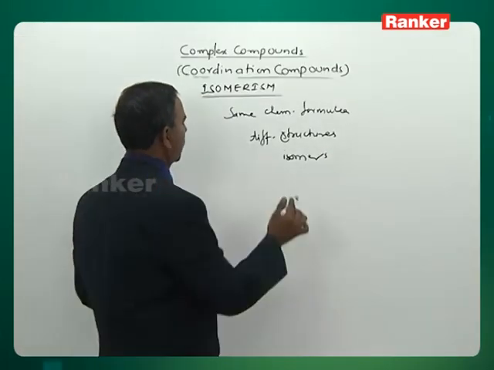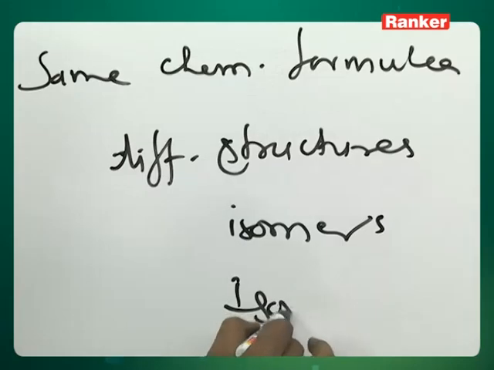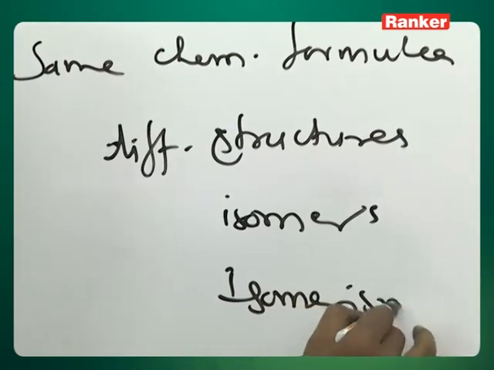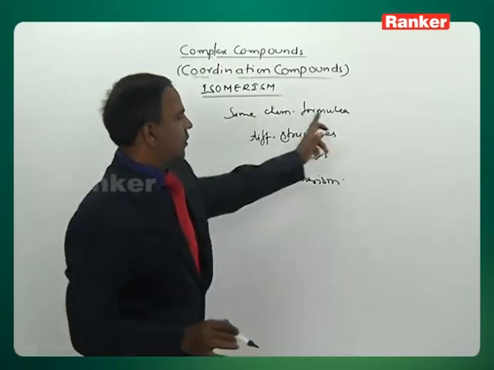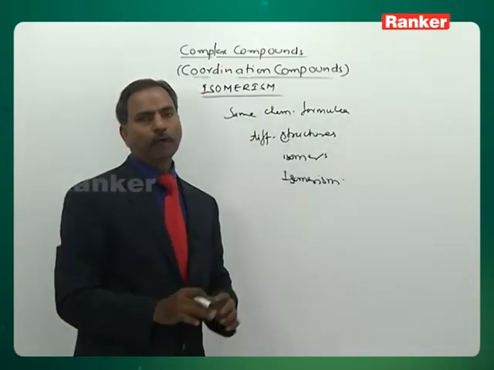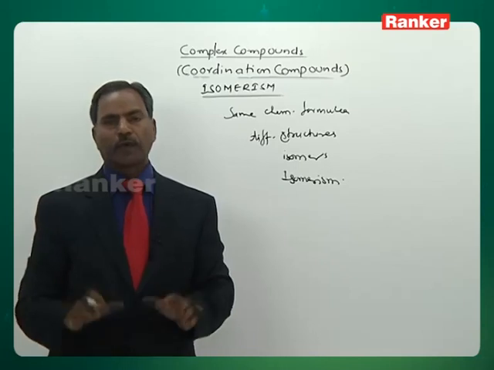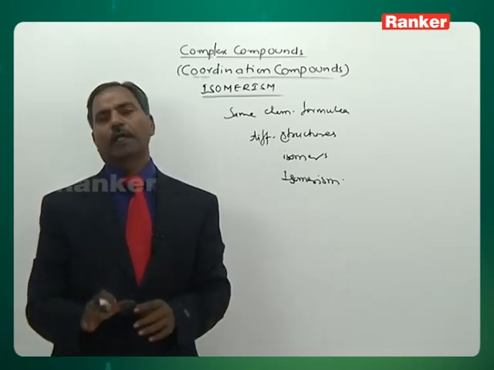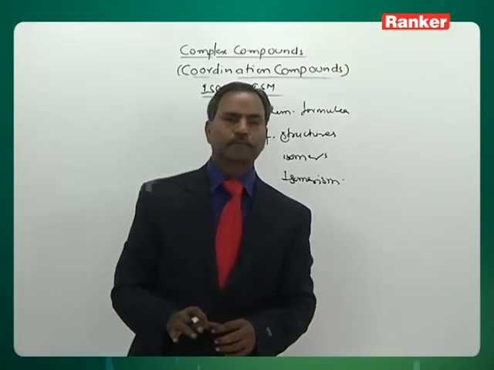The phenomenon we call isomerism. Complex compounds having the same chemical formulae but different structures are known as isomers, and the phenomenon is known as isomerism.